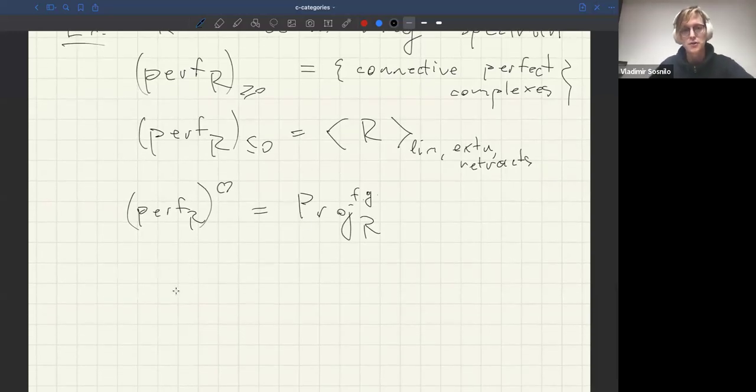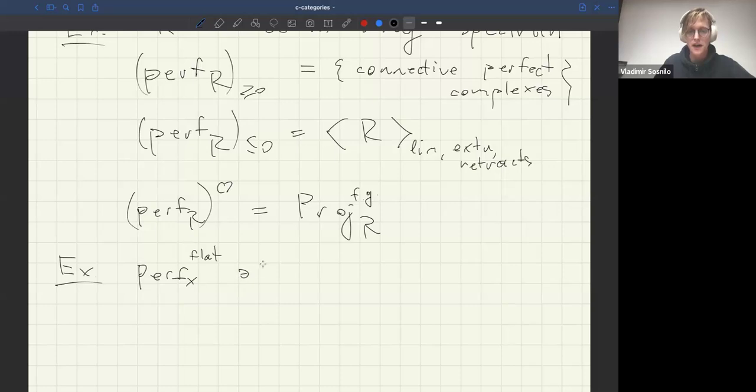Yeah, so if you were to try to globalize this on perfect complexes over a scheme, you don't have this. So you know that finitely generated projective modules, globally, correspond to vector bundles. And if we look at vector bundles, maybe I'll just write flat, inside Perf of X, then this does not satisfy this.